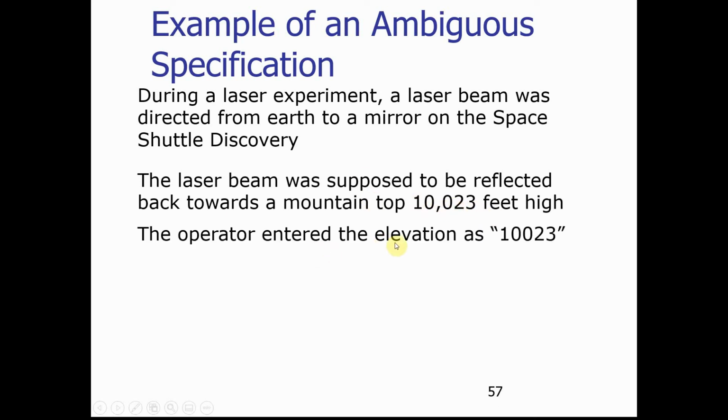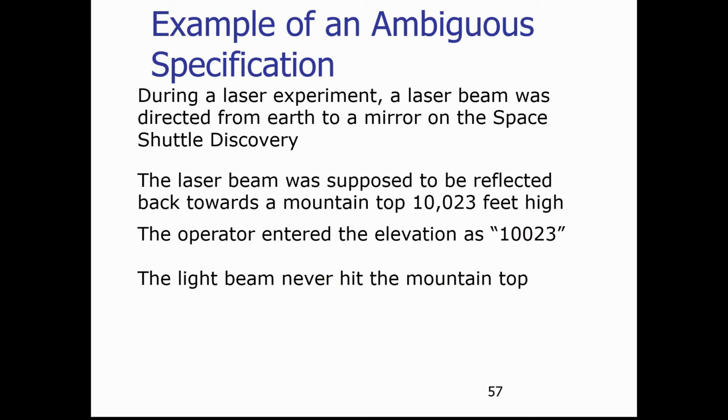The operator entered the elevation of the mountain as 10023, and the light beam never hit the mountain top. So the reflection did not go back to where it was supposed to.